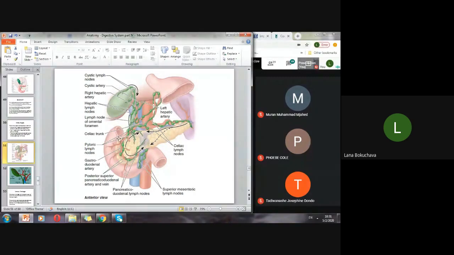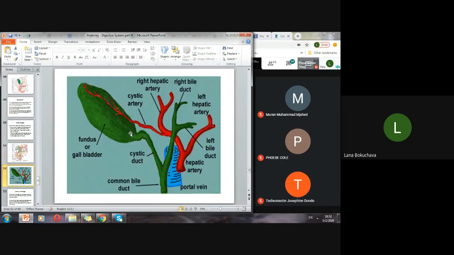Particularly the superior pancreaticoduodenal artery that we have here, as well as the gastroduodenal artery, also give rise to very small branches supplying the portion of the duct itself. So that's what you can see here, the portion of the cystic artery, how it looks like.